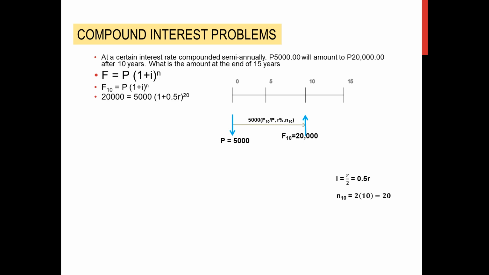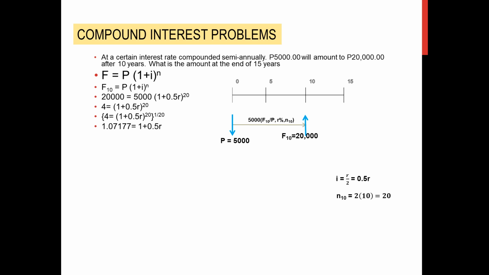Now putting all of those figures on the formula, you can see that the unknown in the equation is R. Okay, of course simplify first, and then we raise all of the expression or the equation to 1 over 20 so that we can get rid of the raised to 20 there.